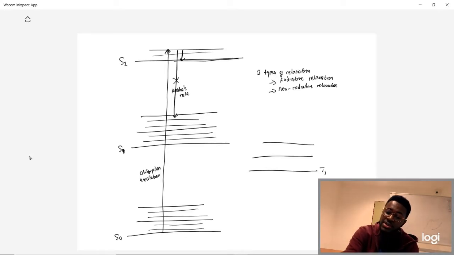When you're relaxing here, this relaxation is very small, so it's not going to release a photon. So what do you call it, since it relaxes and doesn't release a photon? Non-radiative relaxation.